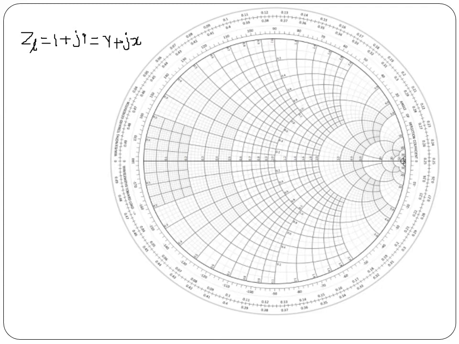R is equal to 1, so in the Smith chart, this is the R equal to 1 circle. jX is equal to 1. In the Smith chart, you can see that this is the jX equal to 1 circle.